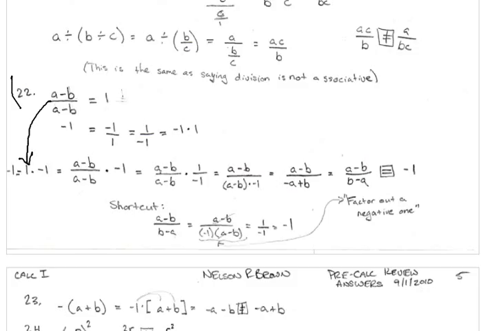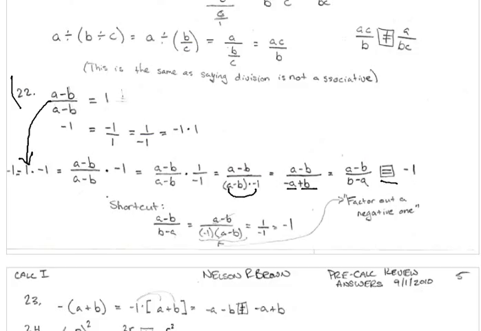And then if I multiply these two fractions together, I have a minus b over a minus b times -1. This is equal to a shift in the signs. So -1 times a is -a, and -1 times -b is positive b. Then we can switch the order that we write these, and we have a minus b over b minus a, and that is indeed equal to -1.